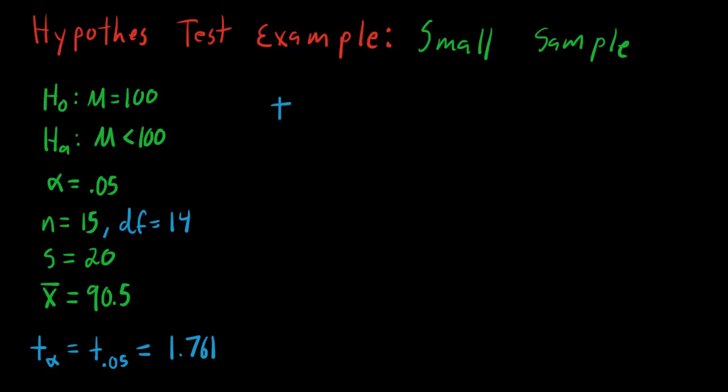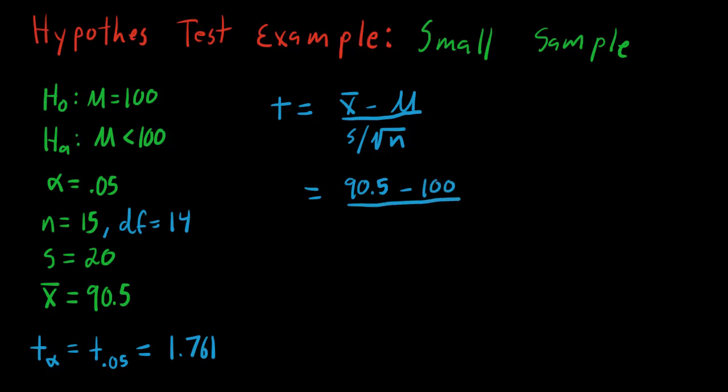So again, we can calculate our statistic. Our test statistic is t is equal to x bar minus mu divided by our standard deviation. So now we're using s divided by the square root of n. So we get x bar is 90.5 minus our mean of 100 divided by s, which is 20, over the square root of n, and n is equal to 15.